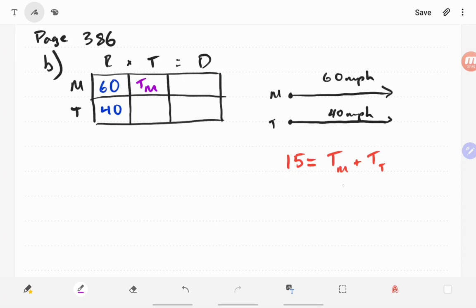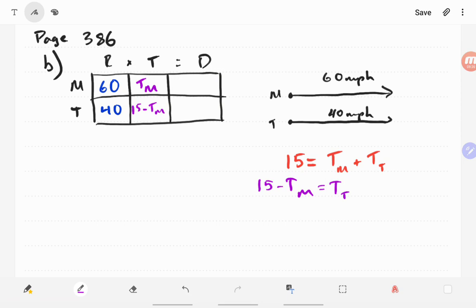Well, we can solve for TT, the time spent driving on Tuesday. That's equal to 15 minus the time spent driving on Monday, and that's what we're going to plug in for the time on Tuesday. We've got 15 minus TM, because the time spent driving on Monday plus the time spent driving on Tuesday should add up to 15 hours.